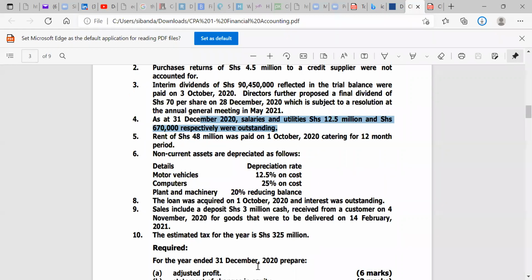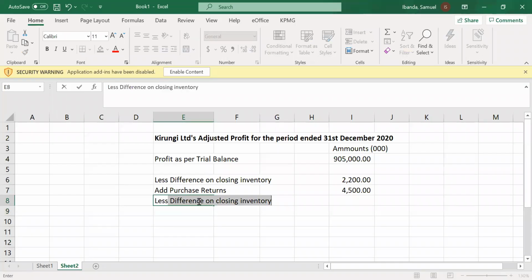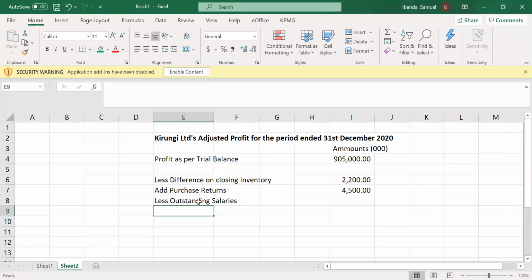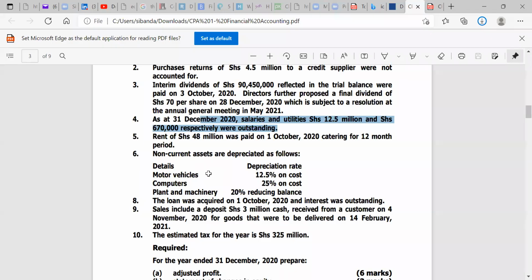So when you're doing your adjustment here, without us going into much detail, you come and just say less outstanding salaries. You write the figure there, and then you also less the outstanding utilities, because these are expenses, and if they were outstanding, then they should actually reduce the profit by 12,500 and 670.